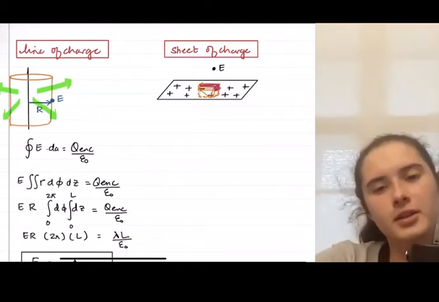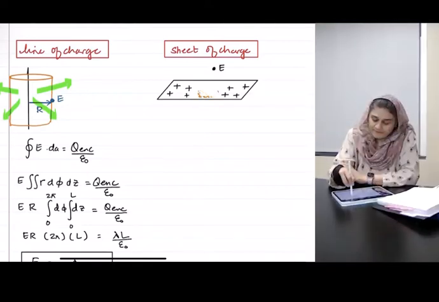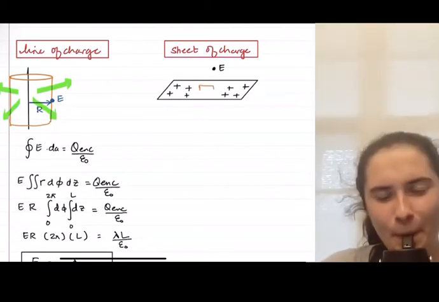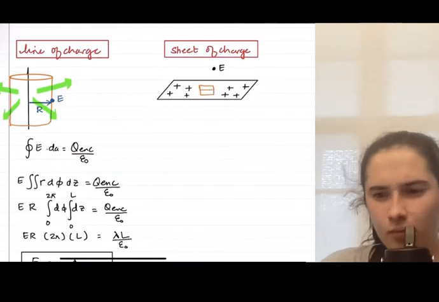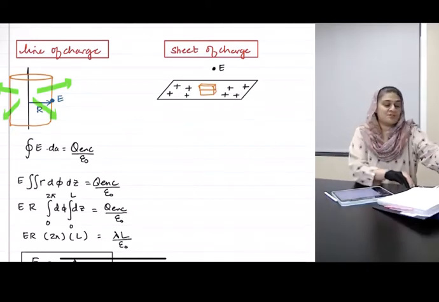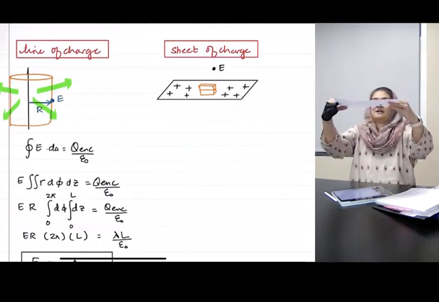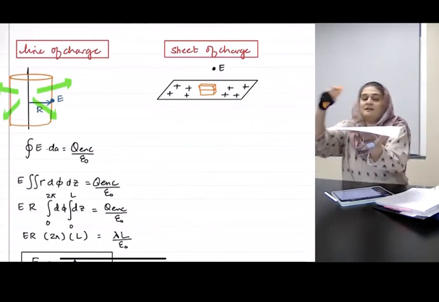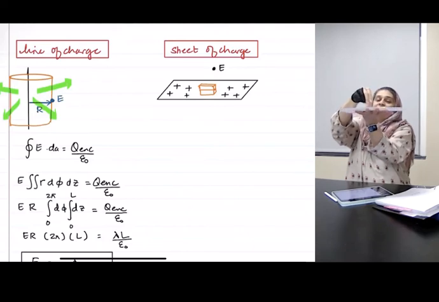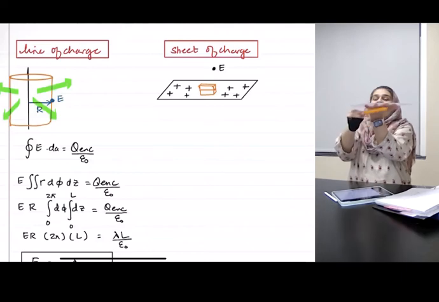Dr. Zane, I'm not understanding your orange square thing right now. I'm a little confused. Okay. So imagine this is your sheet. And I'm trying to draw a box on top of this sheet, and then the same box at the bottom of the sheet.